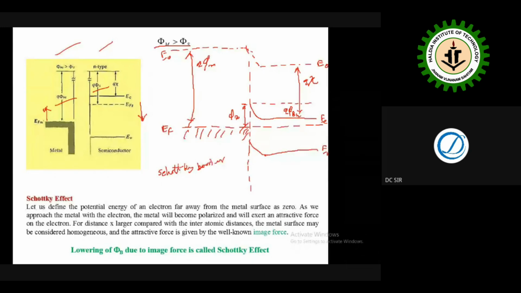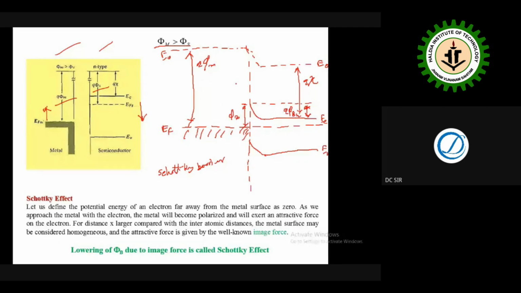So in this case, when it is forward bias, this distance is decreased, so electrons easily move from this side to this side. If it is reverse bias, this distance increases and electrons do not move from the n side to the metal side.